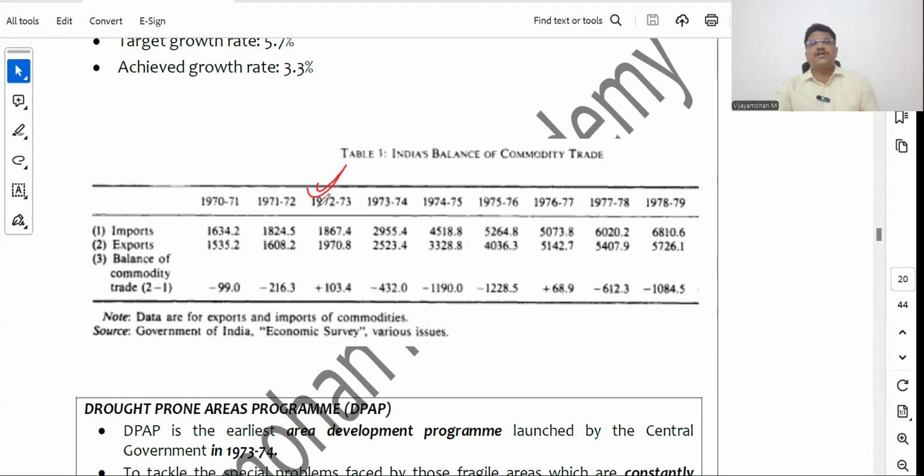And one more question that you will get is why is there a trade surplus during 1972-73 particularly, right? For this to occur, there was a background. In 1966, India took a decision of rupee devaluation.